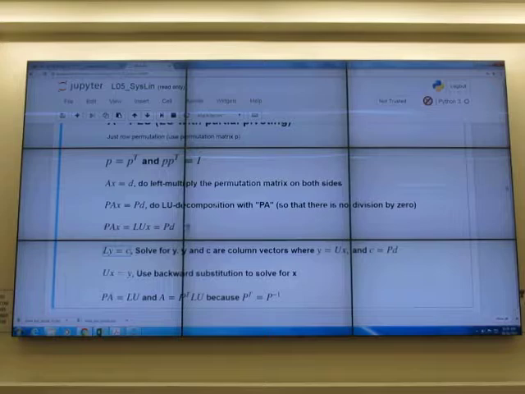So if I have P inverse multiplied over here, we will get A equal to P transpose LU. So basically everything is the same, except instead of D, you have P multiplied by D. Good? The step for LU, everything is the same.